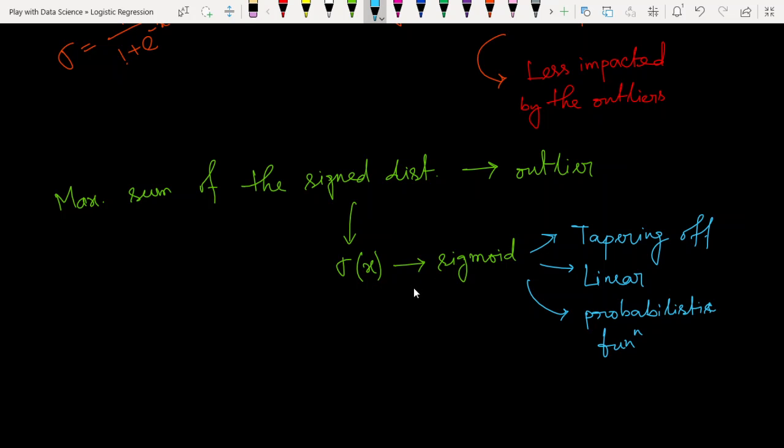If we are mathematics students, we can raise a question: sir, there are many functions with this kind of behavior, so why have we chosen the sigmoidal function?